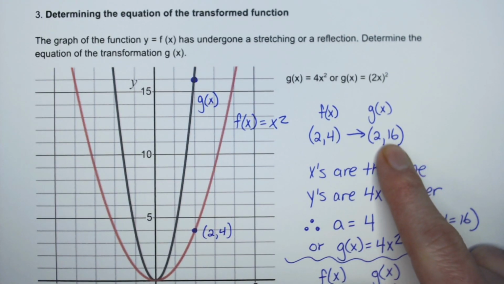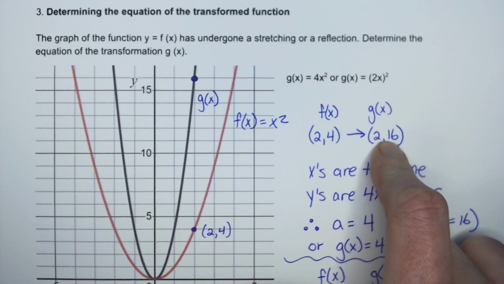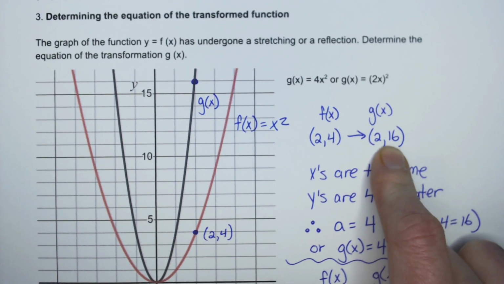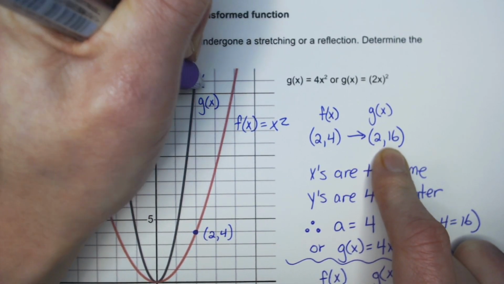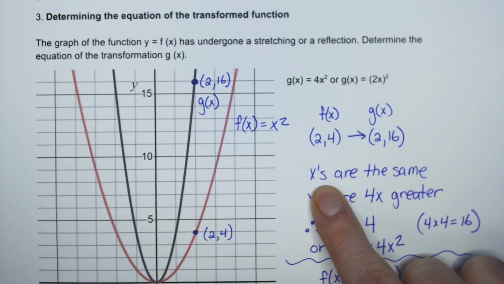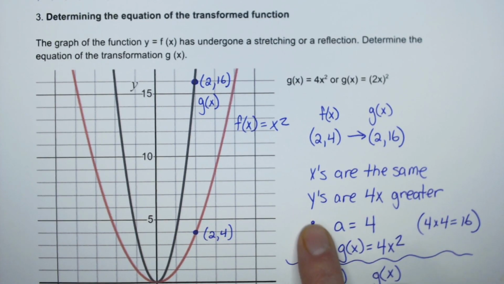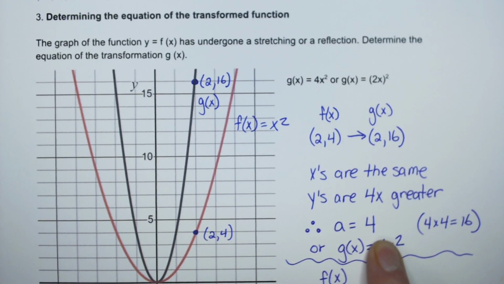And we're going to compare it to the point on g of x that is at the same x coordinate, but we need to figure out what's the new y coordinate. We look at this one, it's (2, 16). Now, our x's are the same, our y's are 4 times greater. So therefore, a equals 4.